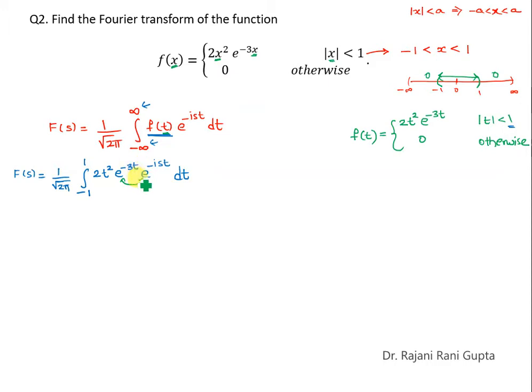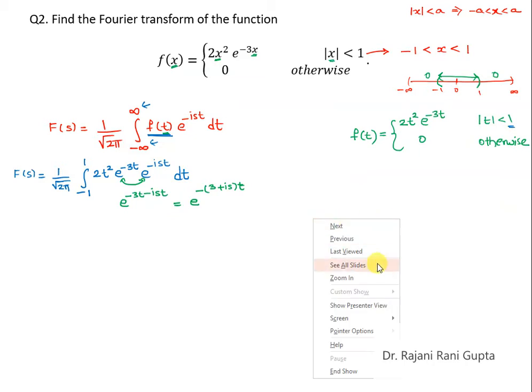When we combine these, it will give e power minus 3t minus iota st, because the base is the same, so we can add the powers. To avoid problems in integration in the further steps, we rewrite it as e power minus, taking the minus outside since it is with both terms, 3 plus iota s, times t. This will solve the problem of integration.